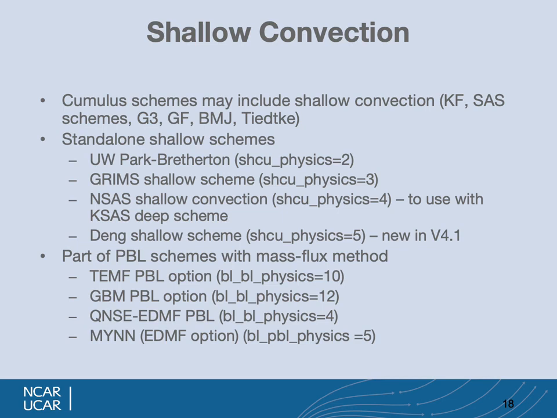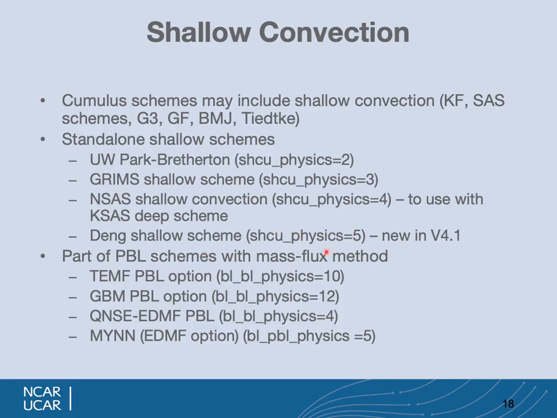So WRF has several different ways of treating shallow convection. One is with the deep convection schemes, as listed at the top. KF and SAS and the Grell schemes, they do have a shallow component with them. But also we have some standalone shallow schemes listed here, including some that we've extracted from the deep scheme, NSAS and KSAS, that can be run alone using this SHCU physics switch.